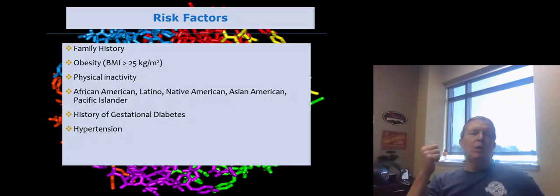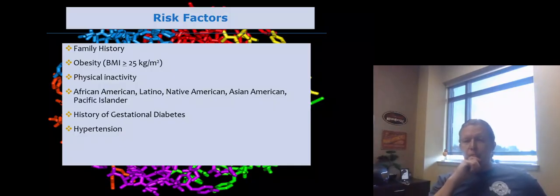But we do know that a BMI of greater than 25 kilograms per meter squared is a risk factor for the development specifically of type 2 diabetes. And it may contribute to the manifestation of type 1. Notice I used the development of type 2 diabetes and the manifestation of type 1. That'll make more sense in a little bit.